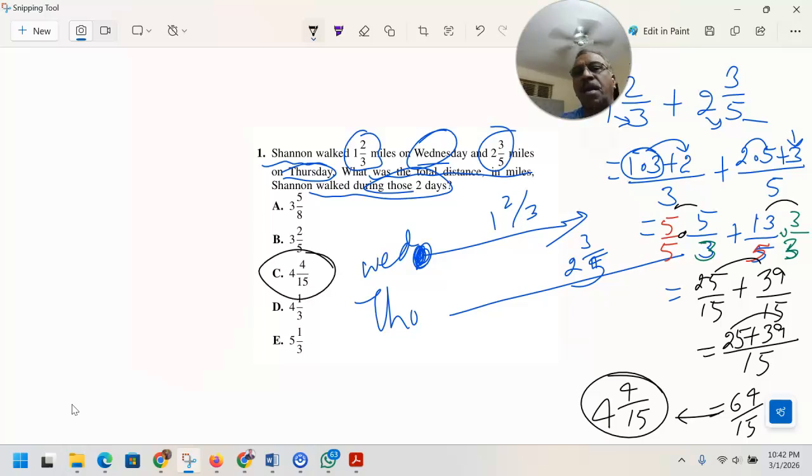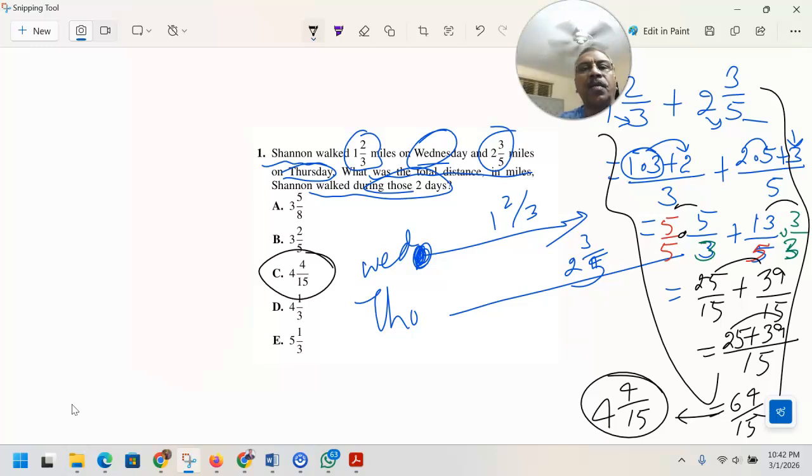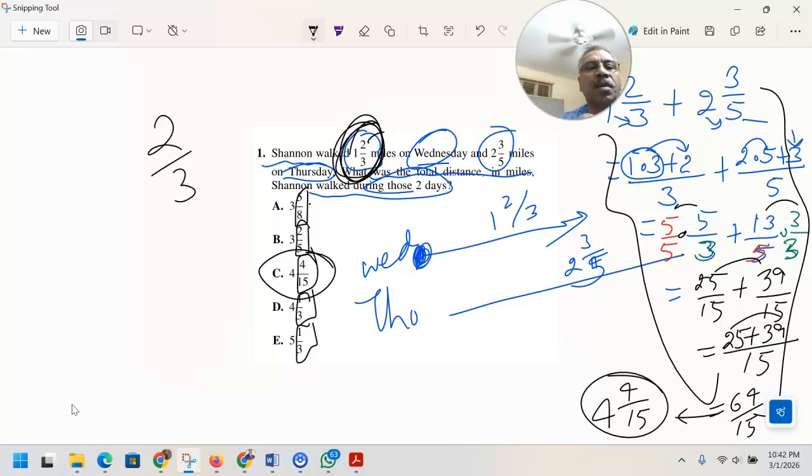Is there another way where you can do it directly? If you look at the answer choices, everywhere there's a mixed fraction, like 5/8, 2/5, 4/15. By just looking at it, you know there has to be a mixed fraction. That means 2/3 has to be added to 3/5, and the two whole numbers together will be 3.